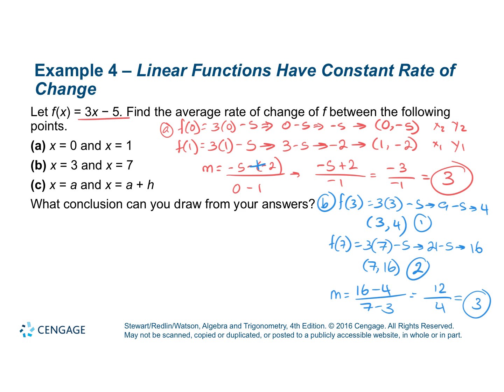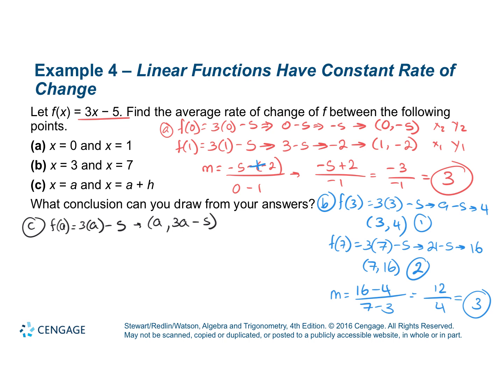Now, let's find C. They want us to find when x is A and when x is A plus H. So f of A, I just plug in 3 times A minus 5. So our x is actually going to be A and our y is 3A minus 5.